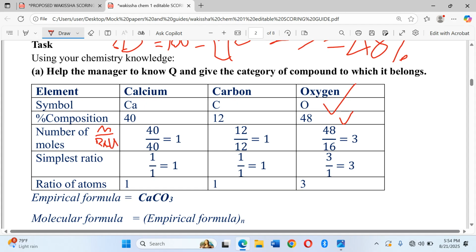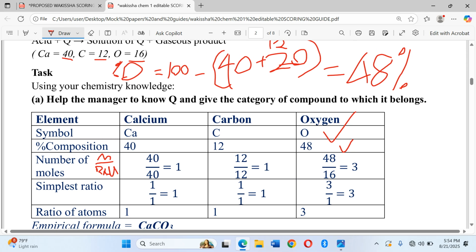So when you come here, because we have our composition in terms of percent, we leave it as our mass, which is the 40 for calcium, over what is the molar mass of calcium. They gave it once. When you check there on the hint, they gave it once as 40. So 40 over 40 is equal to 1. So that is the number of moles of calcium.